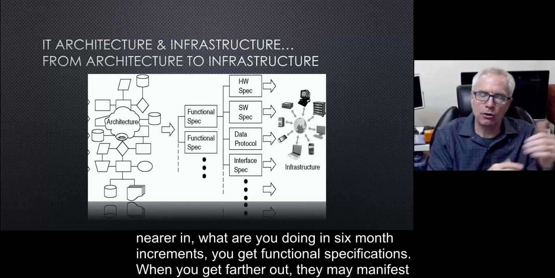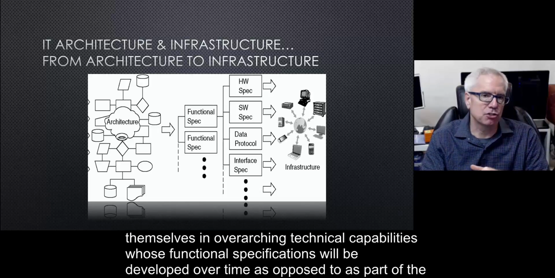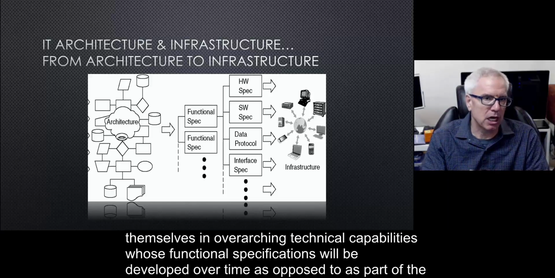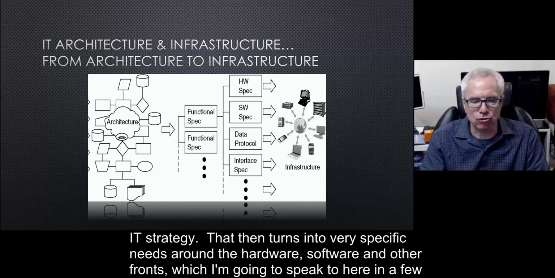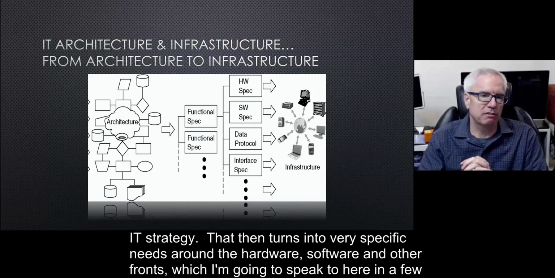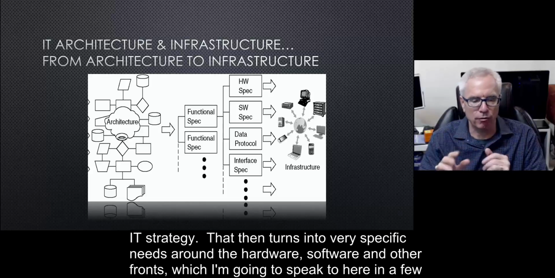When you get farther out, they may manifest themselves in overarching technical capabilities whose functional specifications will be developed over time as opposed to as part of the IT strategy. That then turns into very specific needs around the hardware, software, and other fronts, which I'm going to speak to here in a few minutes.